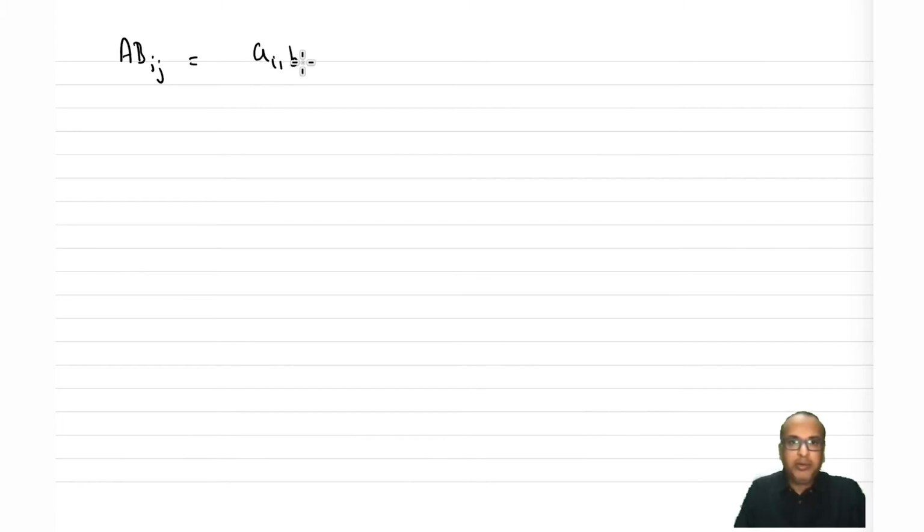So let's say if I want to write this product in short notation, I can write it as Ij, and I can say that any element of this product matrix can be written as AI1 B1J plus AI2 B2J plus AIN BNJ, right?